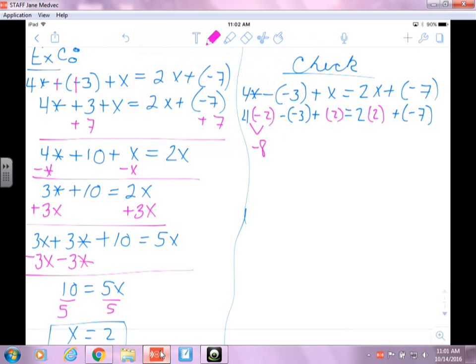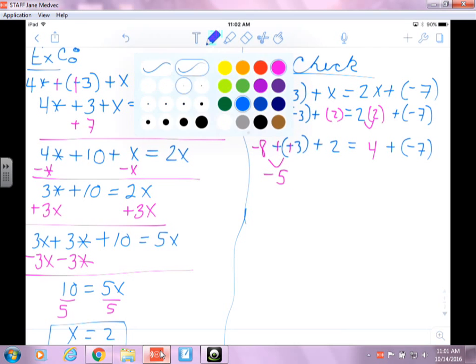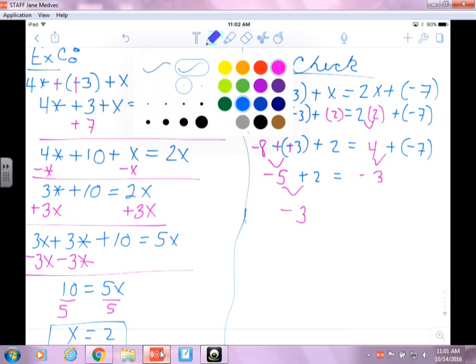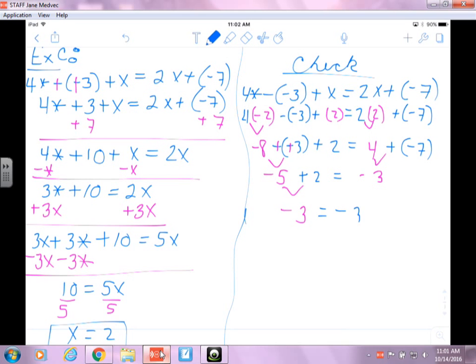I get -8 here, and here I get 4. I'm just going to put the other stuff down around it. And then if you want to do the chop chop, that's just fine. You could have done it up above, but I'm going to choose to do it right now. So I get -5 plus 2 equals, and I get -3 here, and I end up with -3 equaling -3, and it's a check.